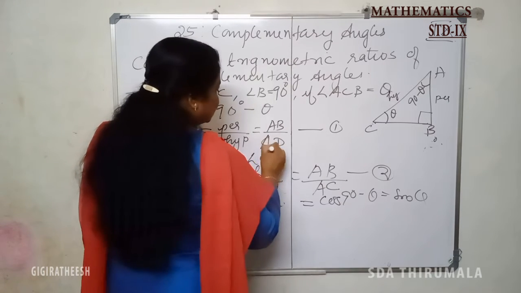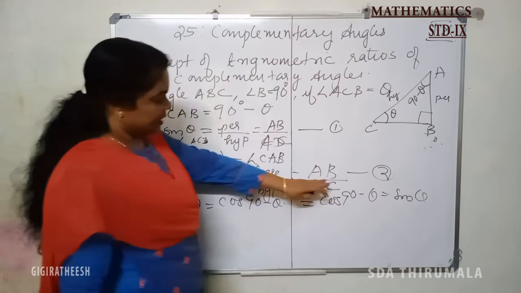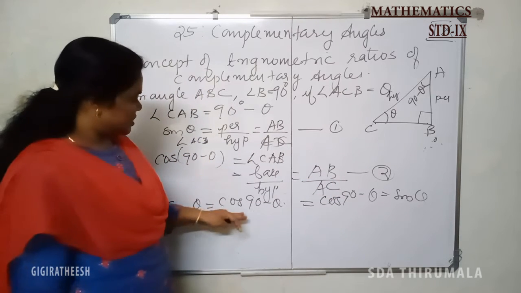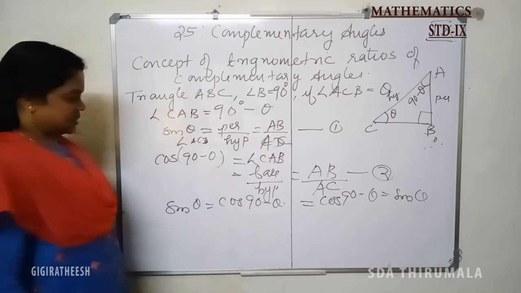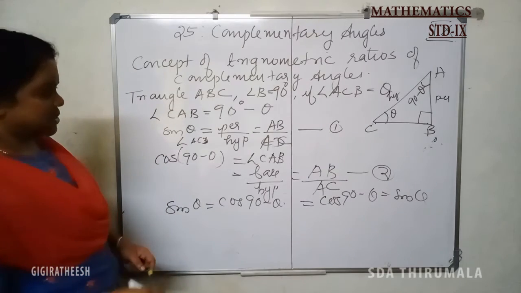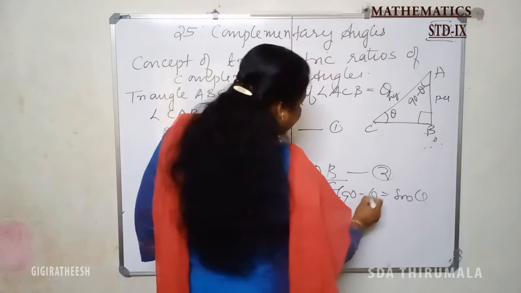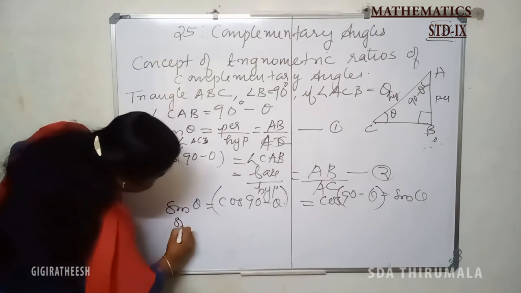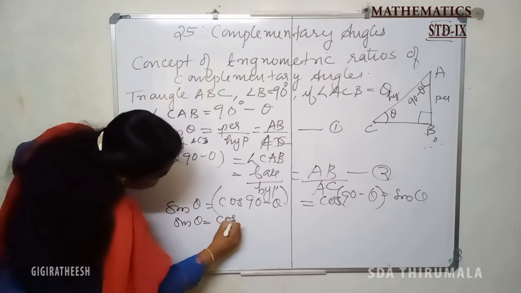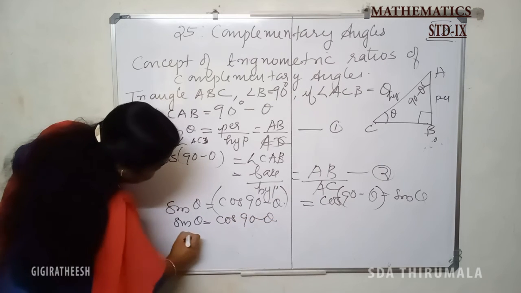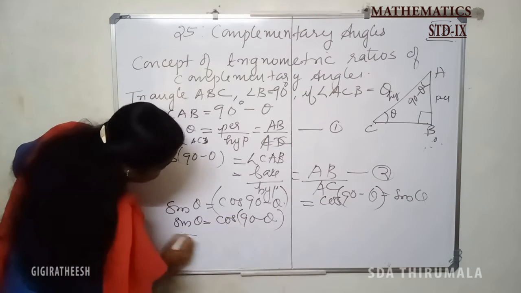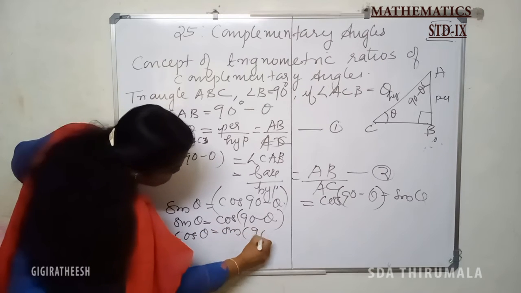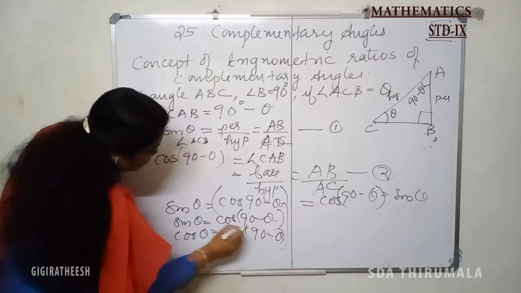So sin theta equals cos 90 minus theta, or cos 90 minus theta equals sin theta, and cos theta is equal to sin 90 minus theta. You should study these two concepts.